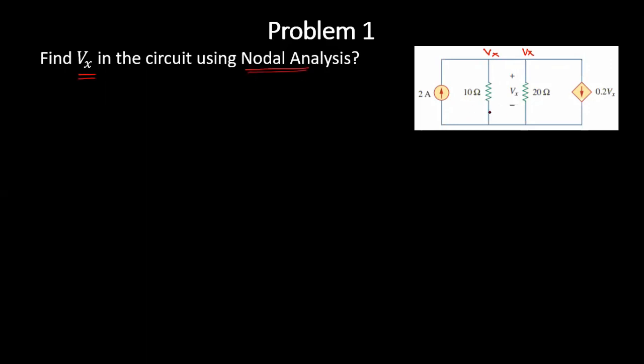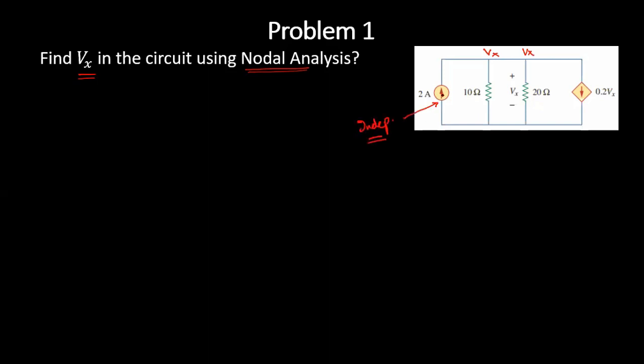Whatever steps we have understood regarding nodal analysis, the steps are going to remain the same. It doesn't matter if we have an additional dependent source. First of all, you should recognize that this particular source is an independent current source.